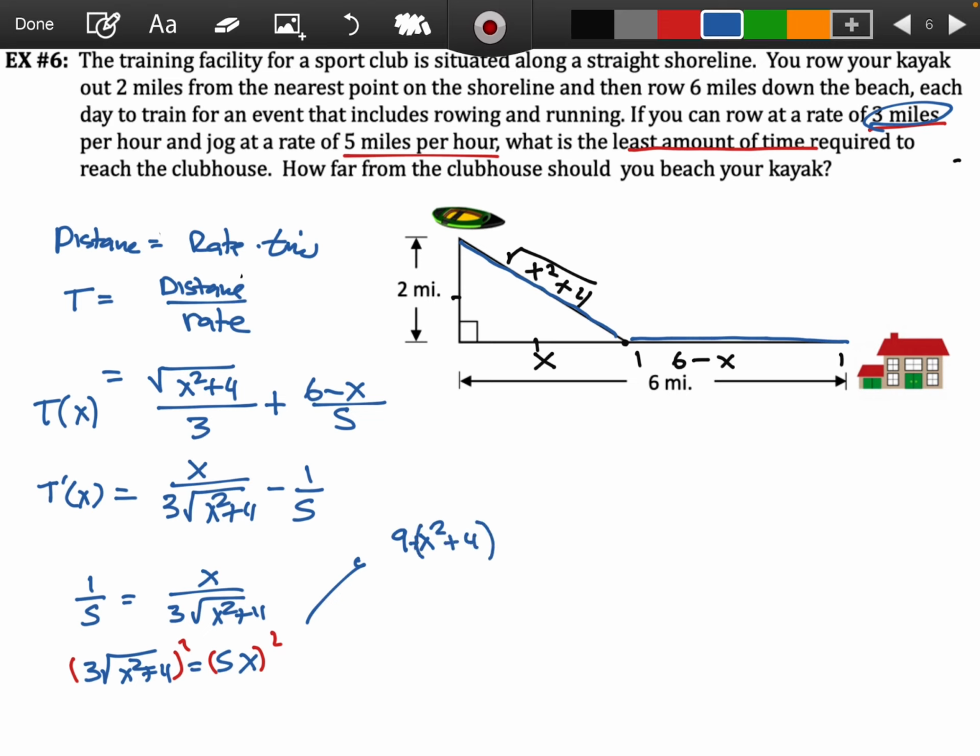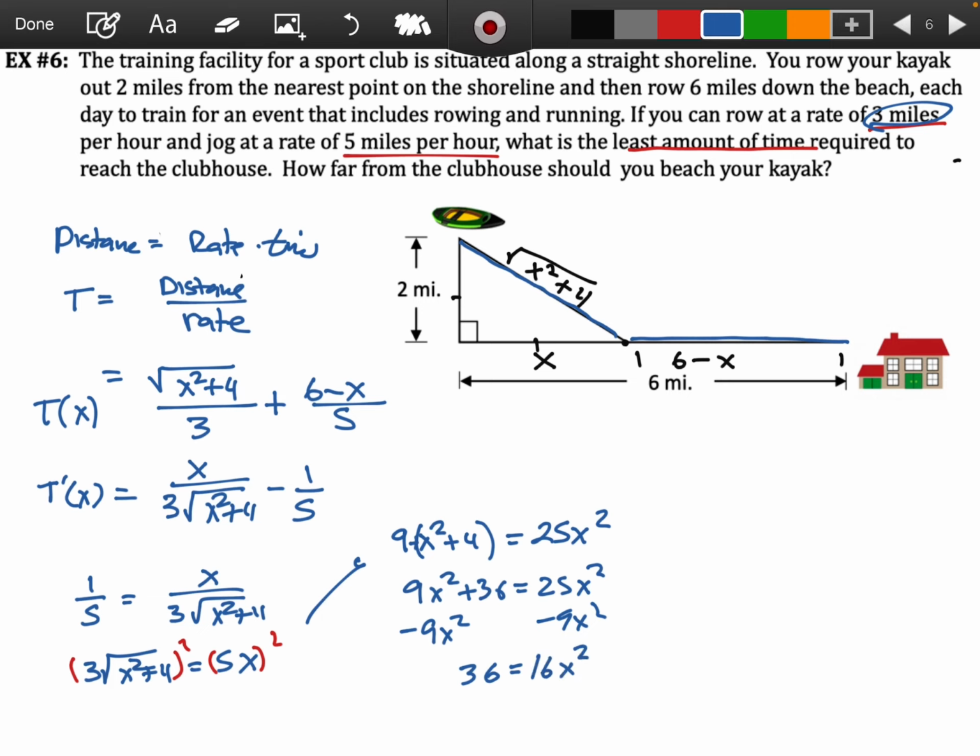The square root cancels and the 3 becomes squared, is equal to 25X squared. Distribute the 9. Subtract 9X squared from both sides, and we're left with 36 is equal to 16X squared.